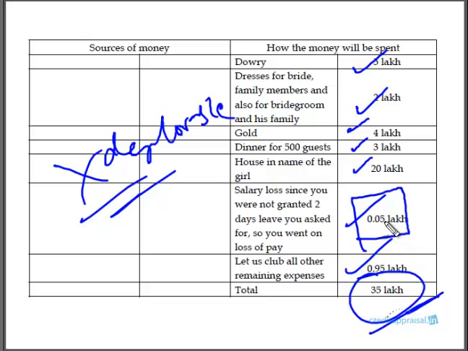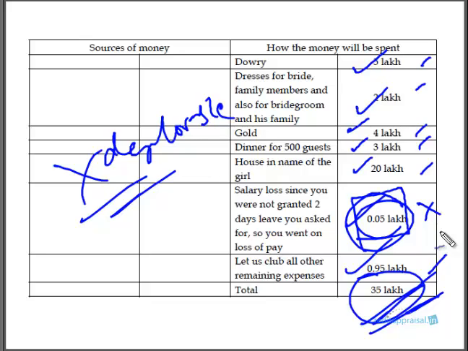If you look at it, all these are required for conducting the marriage, right? All these are expenses. This is not an expense, but I'll tell you later why we are taking this, okay? But consider this is also an expense, right? In a way, this is a loss, isn't it? So we're treating it as an expense. Anyway, even if you don't consider it, that doesn't matter. Anyway, 35 lakhs is the total requirement which your colleague has assessed for this purpose.